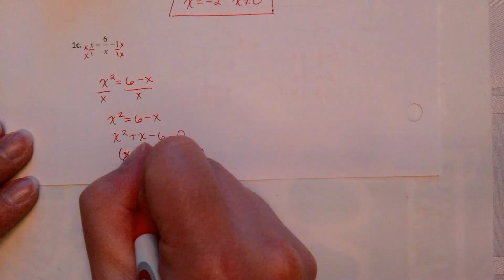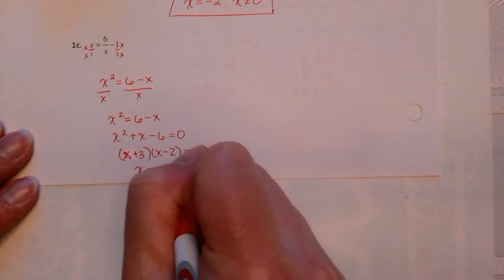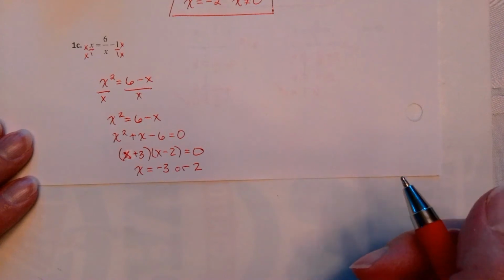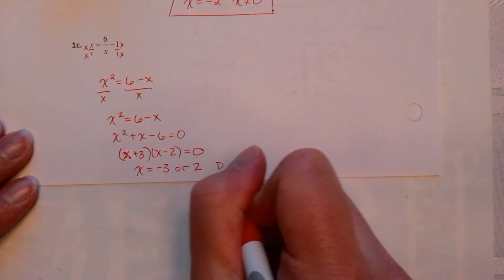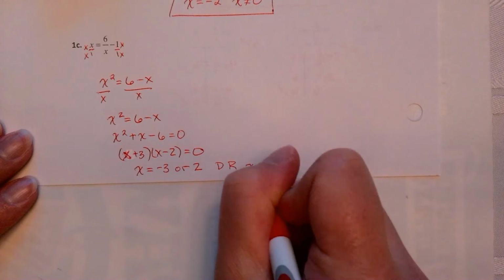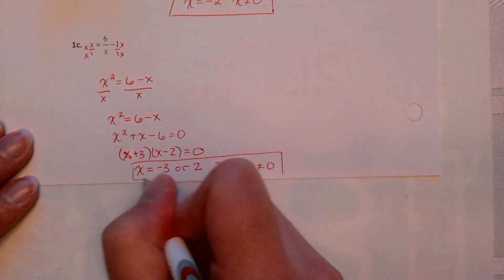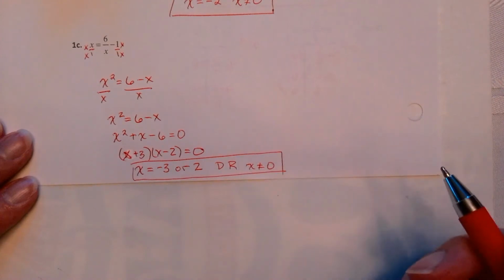And then with that, x equals -3 or +2. So we are using our zero product property in solving quadratics. And my domain restriction is, again, x cannot be 0. And the reason we keep getting that x cannot be 0 is because our denominator is simply an x.